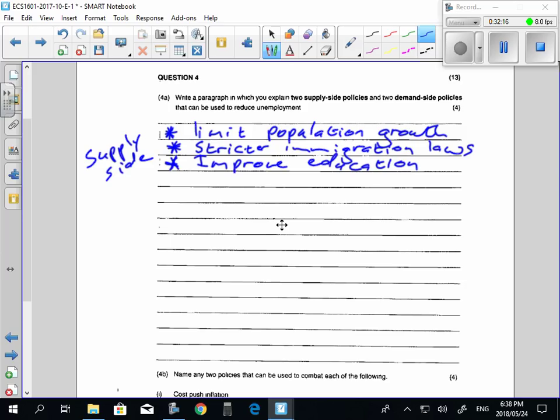And from your demand side, you can increase your labor intensity of production. Remember the 2 different production techniques that we get?